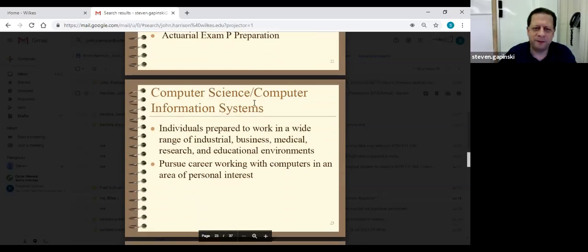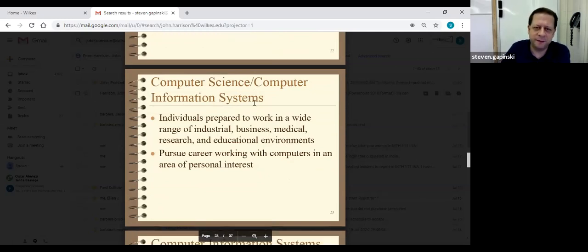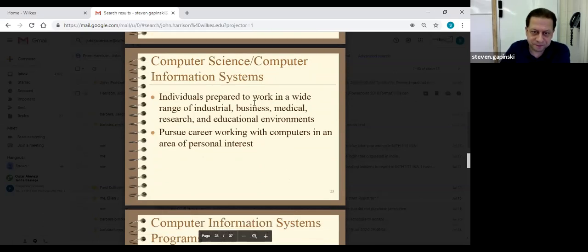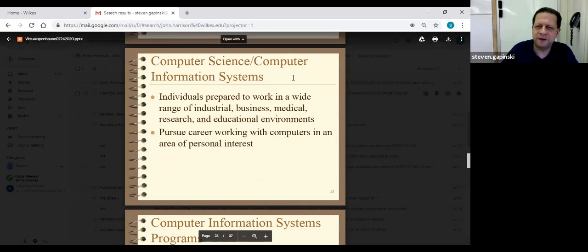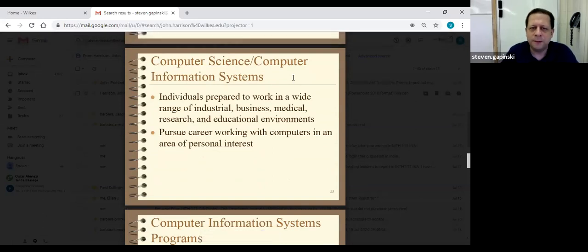Okay, so now we'll turn our attention to computer science, and in particular here, computer information systems. There's lots of diversity in terms of what you can do, because all aspects of society, whether you're in business, medicine, industry, or education, have unique sets of problems.